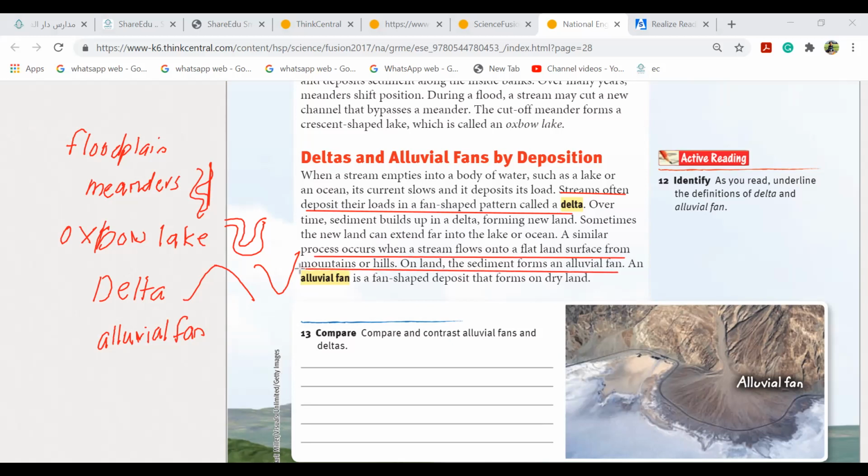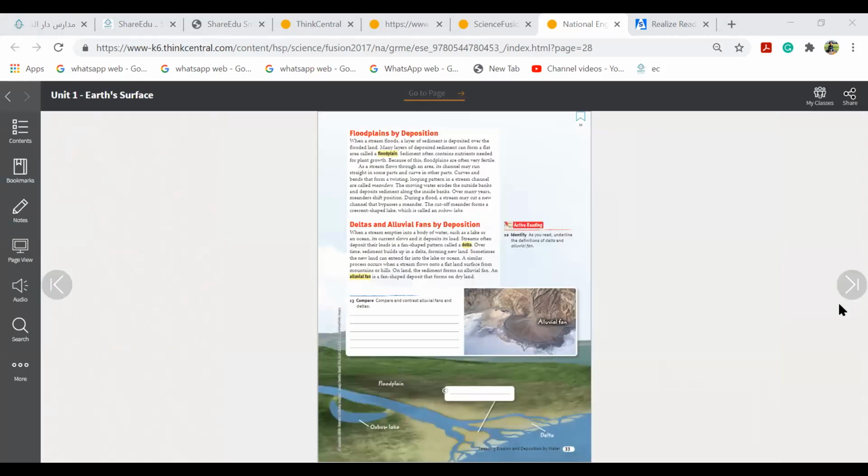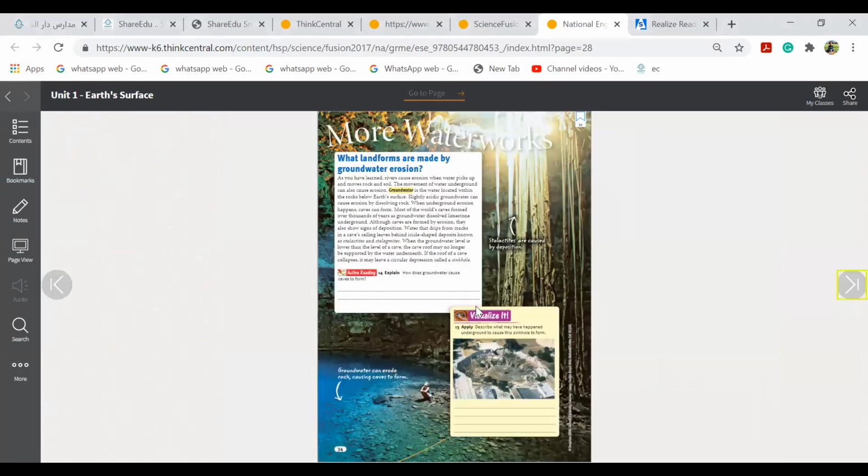On land, the sediment forms an alluvial fan. From the mountains or hills, they come and deposit sediments in a fan-shaped deposit on the land, which is called an alluvial fan. So this was what we had discussed before, and I have revised it with you because these are important.